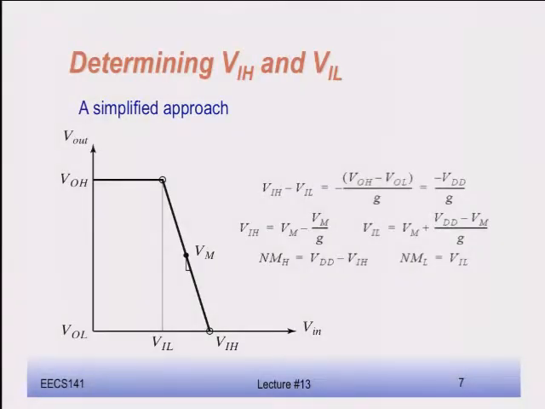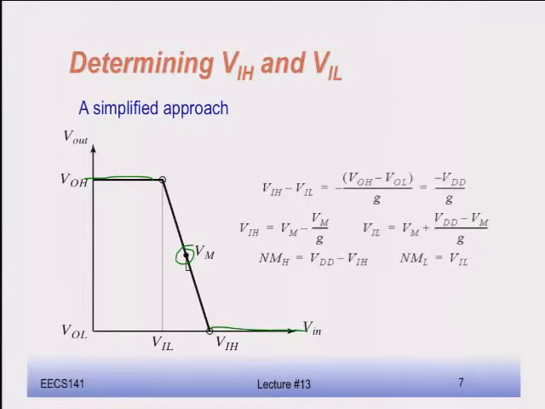Let's go for a simple expression. A simple expression would be as follows. If I assume that I have high gain in the middle, and have a decent gate, not a really degenerated gate, but a decent gate with a decent VTC, a good approximation of the voltage transfer characteristic is that I can find Vm, and I find the gain at Vm.